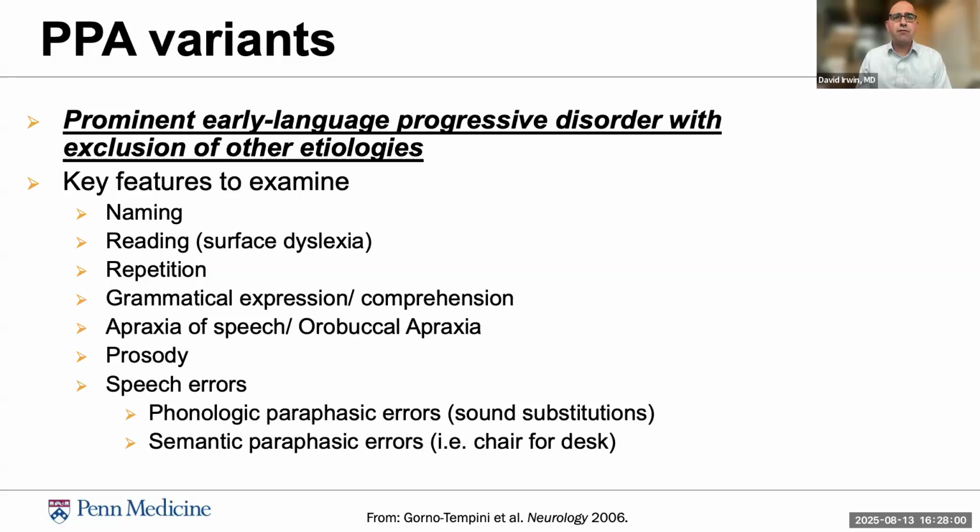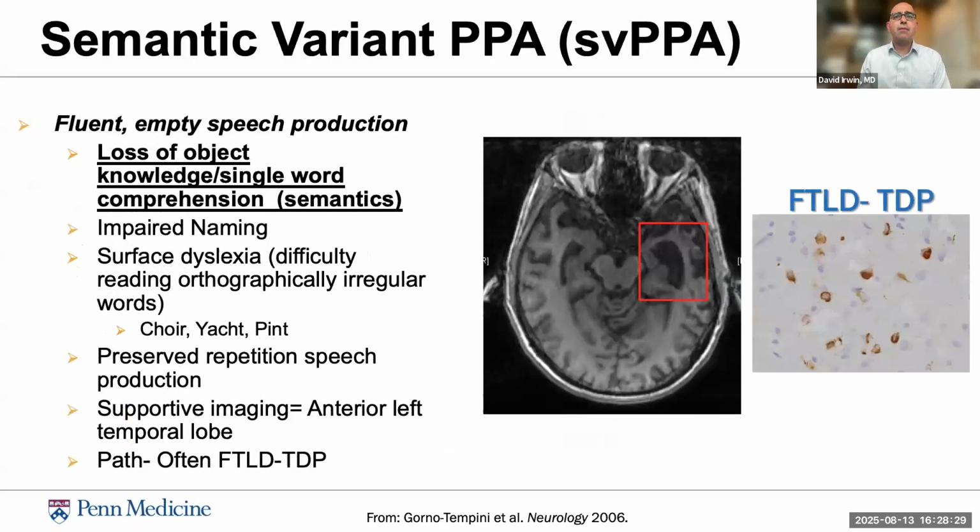To help differentiate from other diseases, it's characterized by a prominent and early impairment of language that's progressive and not caused by other etiologies such as stroke or brain tumor. The language exam involves evaluation of spontaneous speech as well as aspects of confrontation naming, grammatical expression and comprehension, as well as repetition. And we'll go through some brief examples.